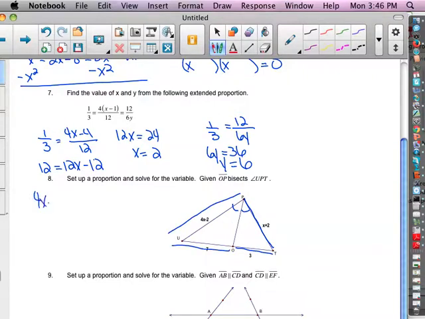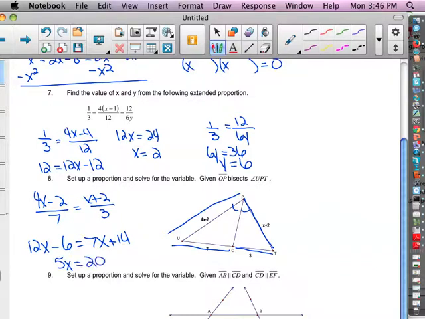Cross multiply, you get 12x minus 6 is equal to 7x plus 14. Subtract the 7x from both sides, you get 5x. Add the 6, you get 20. So x is equal to 4.